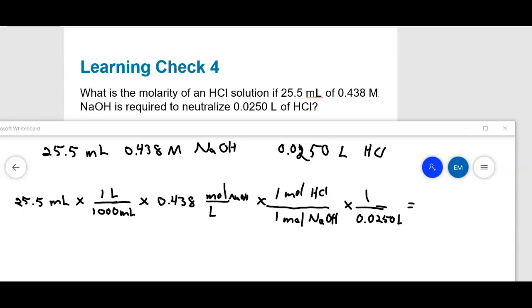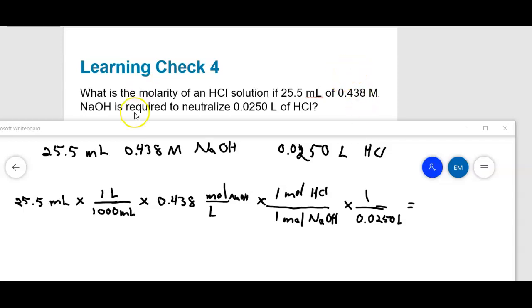And we multiply that by the molarity, 0.438. That's where we're at the moles of sodium hydroxide. It's 1 mole per 1 mole of hydrochloric acid and sodium hydroxide, and then you divide that by 0.0250, and you get here you get what?